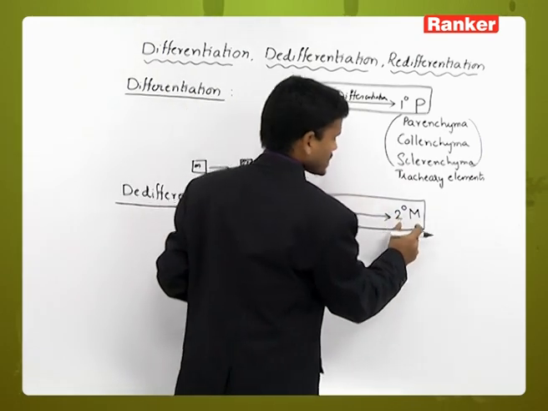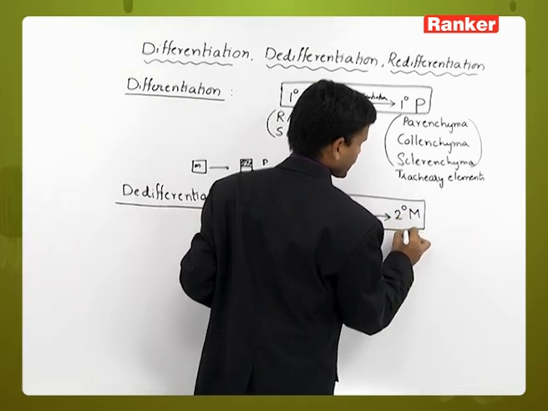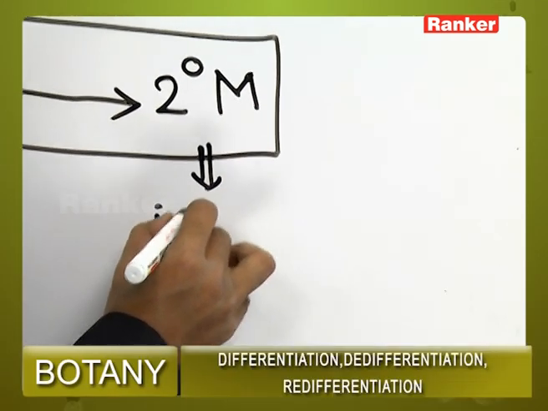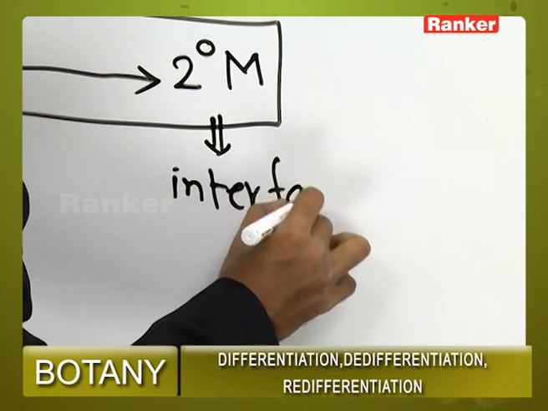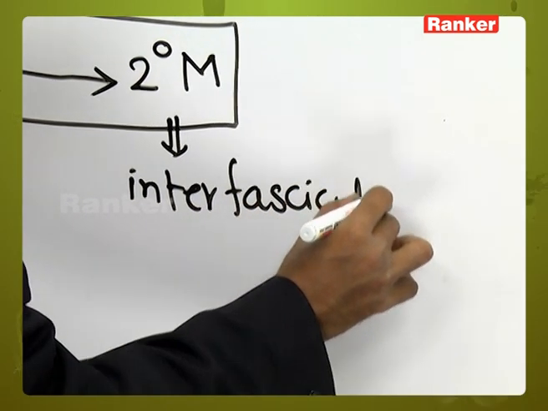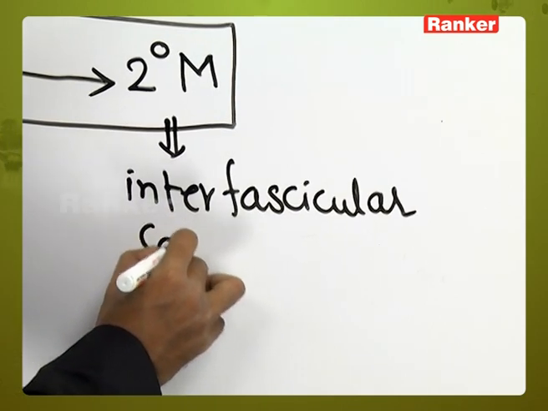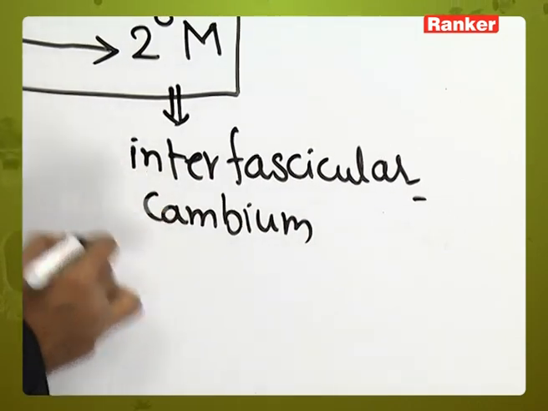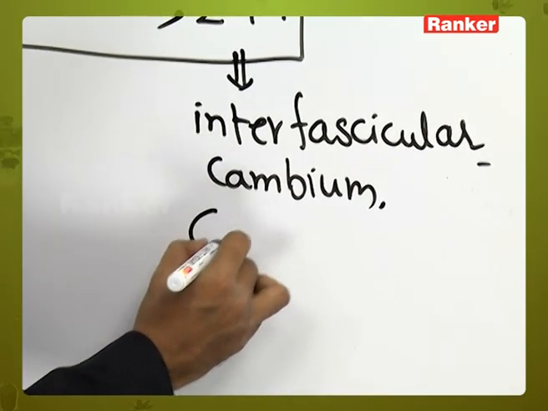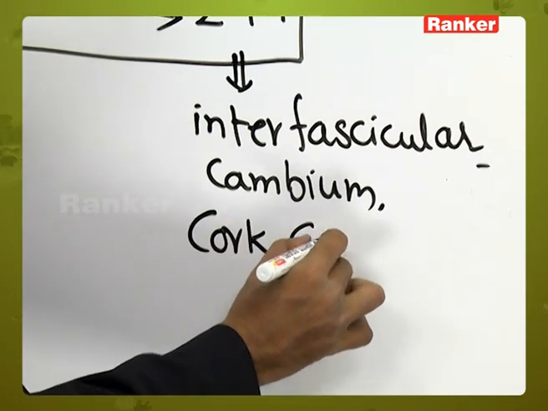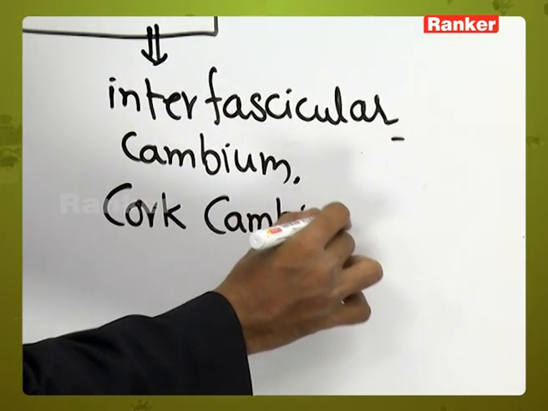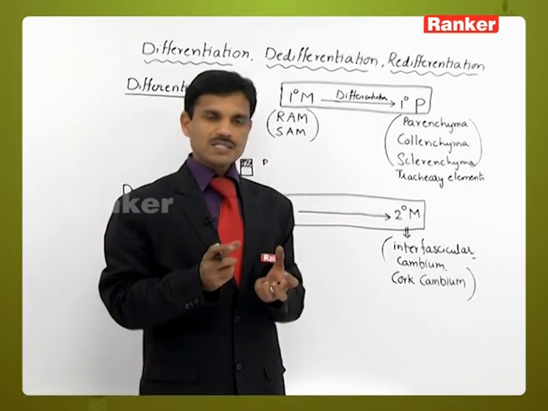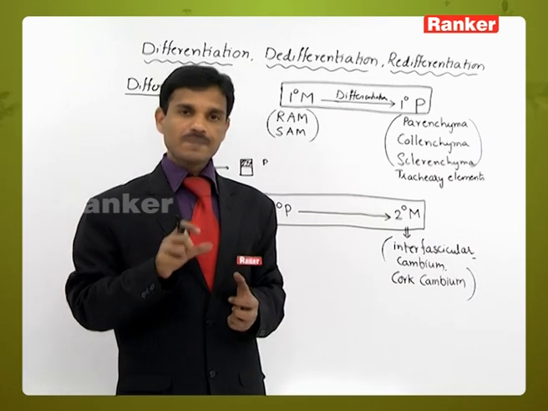For example, secondary meristems are interfascicular cambium and cork cambium. Within the vascular bundles, intrafascicular cambium is present, and that is primary.